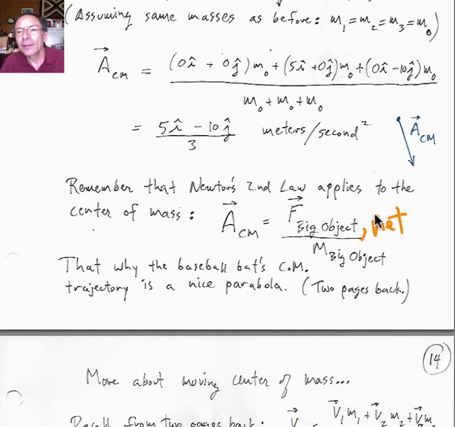Okay, got lazy there. And then I divide by the mass of the overall object, I will get the acceleration of the center of mass. I'm using the book's convention here. I'm using capital A to stand for the center of mass acceleration. And if you noticed before, I used capital V for the center of mass velocity.